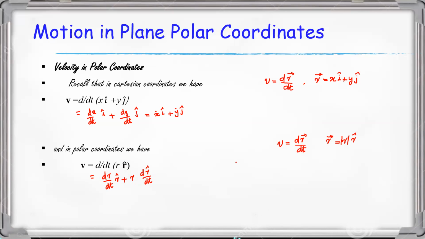So there are two terms. First one is dr by dt r cap, and the second term is r d r cap by dt.